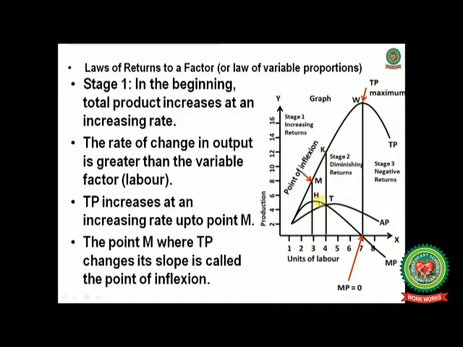But at the 3rd unit of laborer there is a point of inflection, meaning the total output was increasing at an increasing rate, and the rate of output is also greater than the variable factor, that is labor. So total product increases at an increasing rate up to this point M, and this point M is known as the point of inflection.